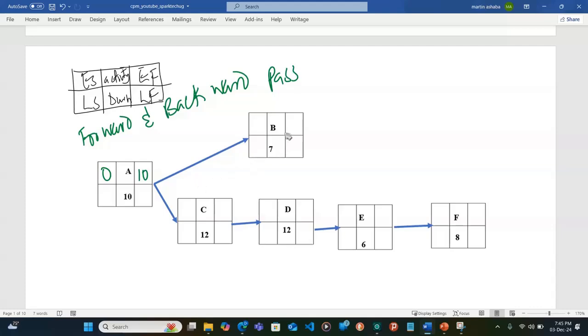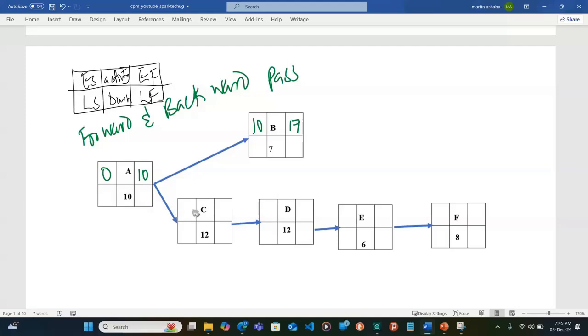So since B depends on A, if you finish A, you can start B. So the earliest finish time for A is the earliest start time for B. So the earliest finish time for A is actually 10, and since B takes 7 days, we add here and we get 17.